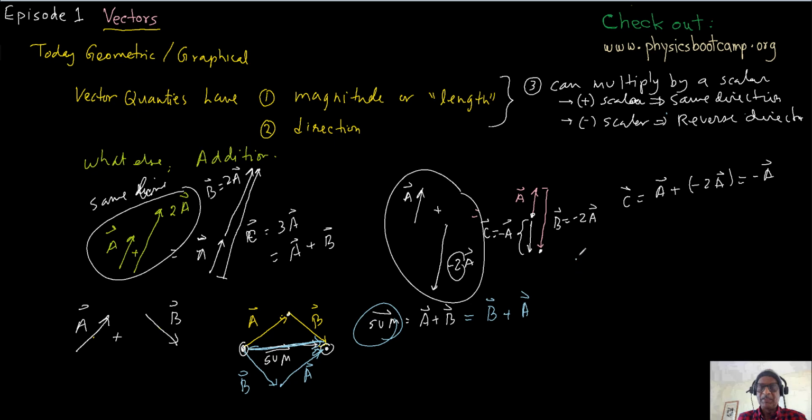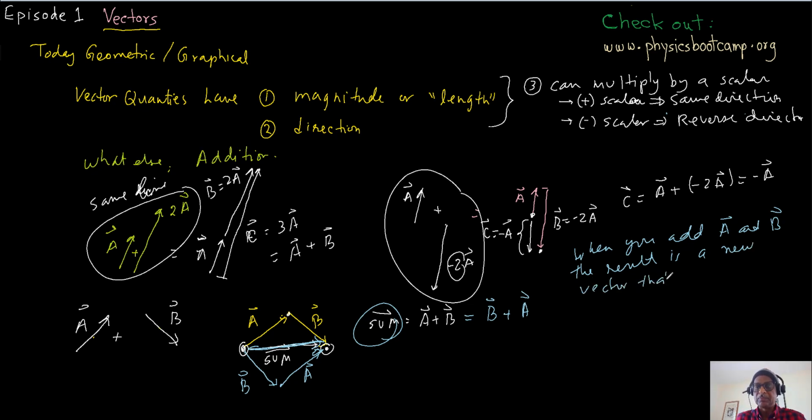So when you add A and B, the result is a new vector that is the diagonal of the parallelogram drawn in this manner.